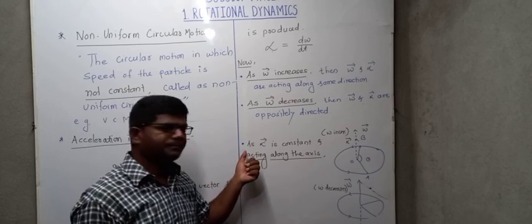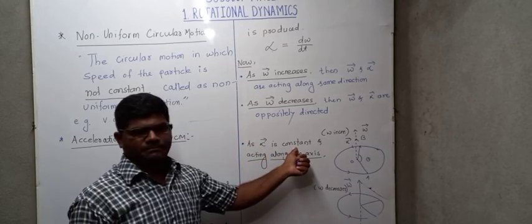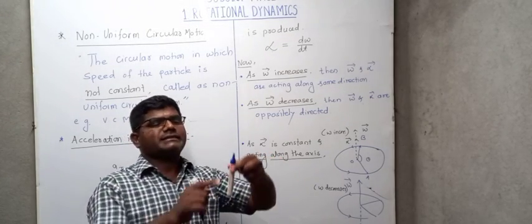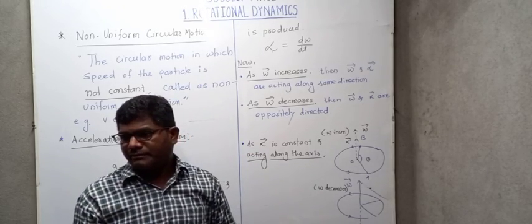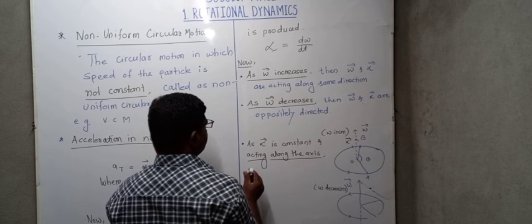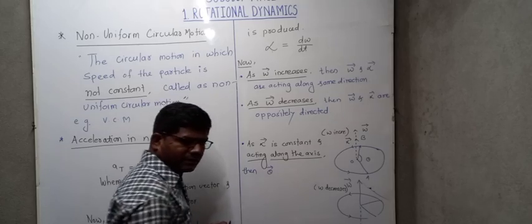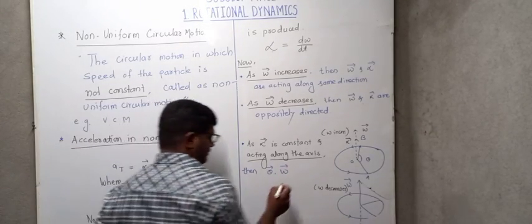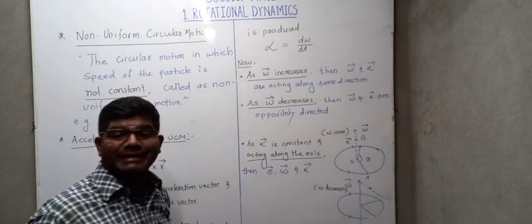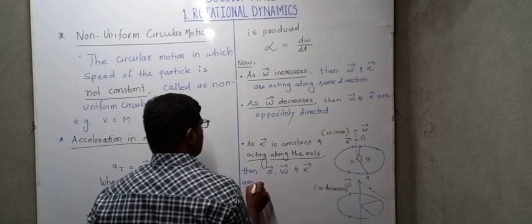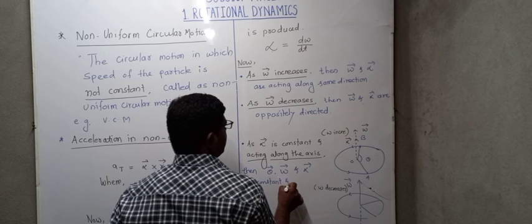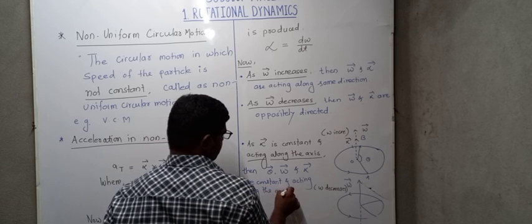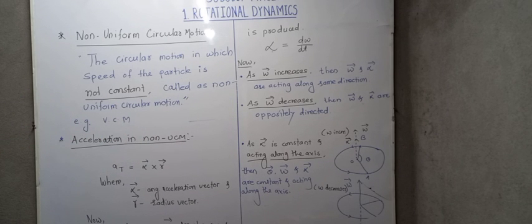In the third case, as the angular acceleration vector alpha bar is constant and acts along the axis, at that time theta bar, that means the angular displacement vector, the angular velocity vector omega bar and alpha bar itself, the angular acceleration vector, are constant and acting along the axis.